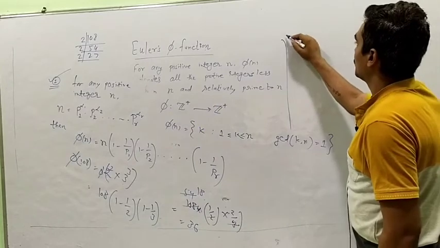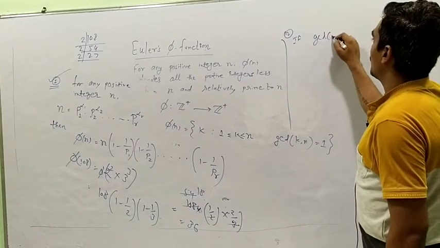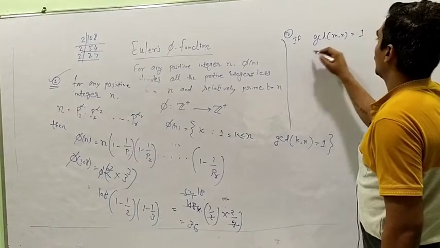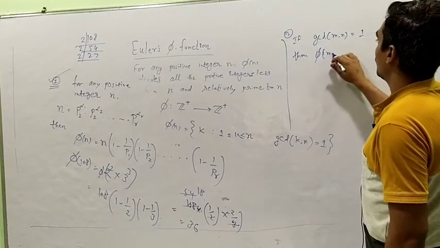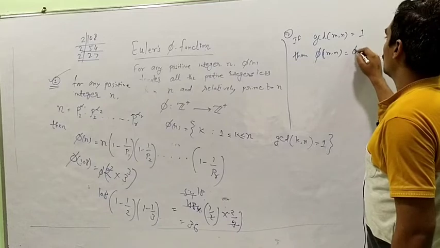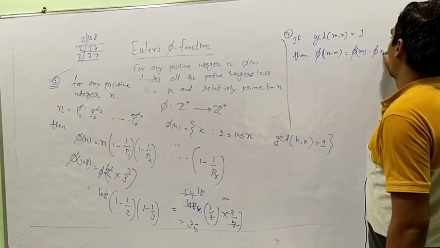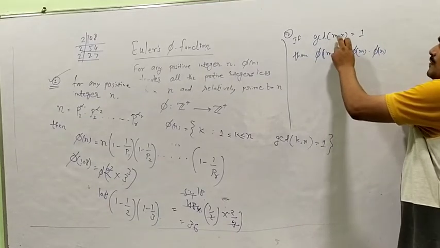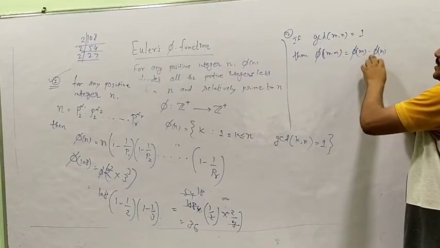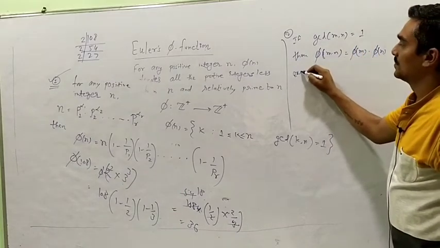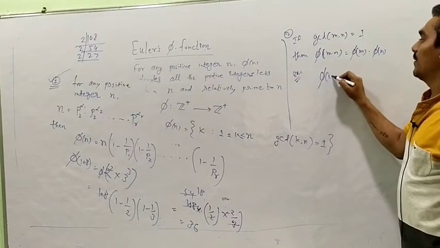Second formula: if GCD of m and n is 1, then phi of mn is equal to phi m into phi n. For example, we have phi 12.